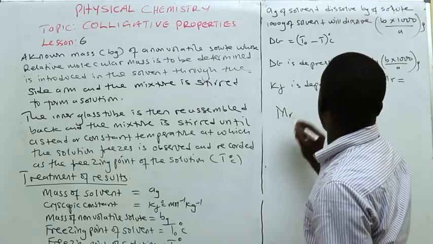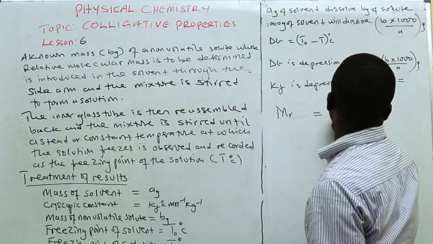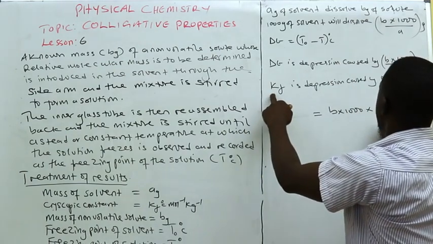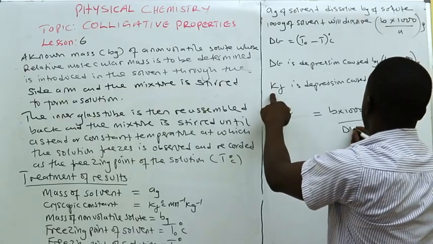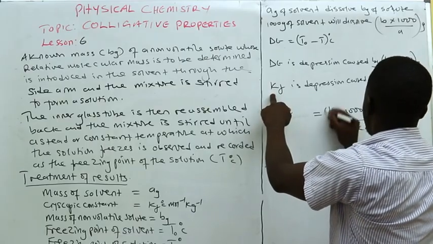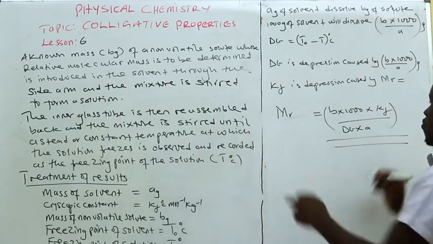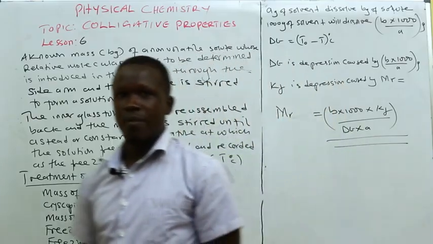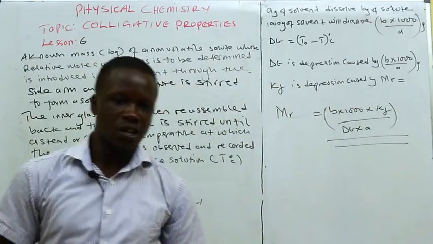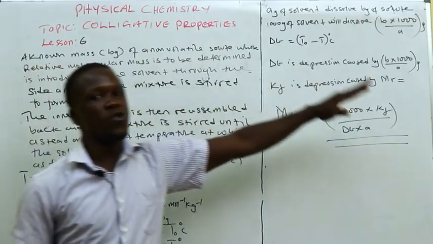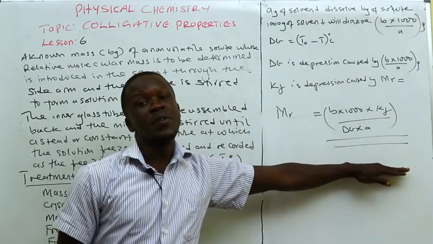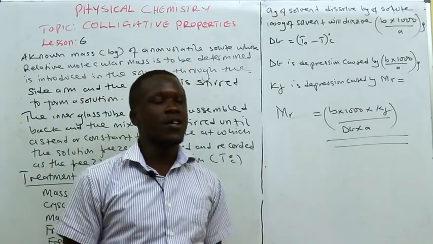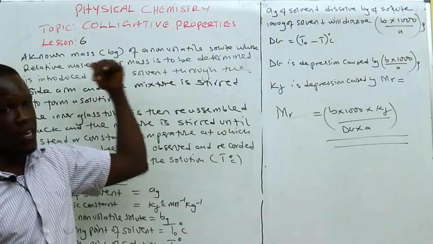So molecular mass is equal to B times 1,000 times Kf over dT times A. And so by getting this expression, you have clearly shown how you can determine molecular mass in our experiment. You've been able to describe how you can determine molecular mass using this method in the laboratory.